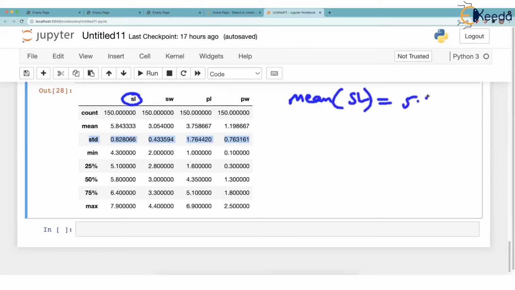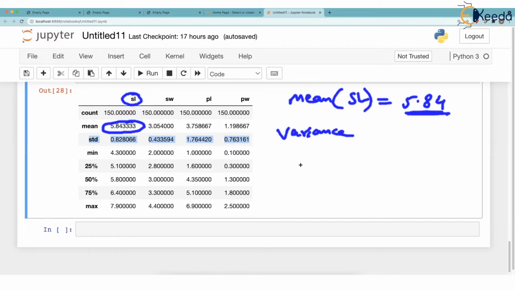What's the mean? 5.84. I will drop those 4 threes and do some rounding off. Mean of SL is 5.84. Now, using this mean, you can get the standard deviation. But before that, there is one more word called variance.